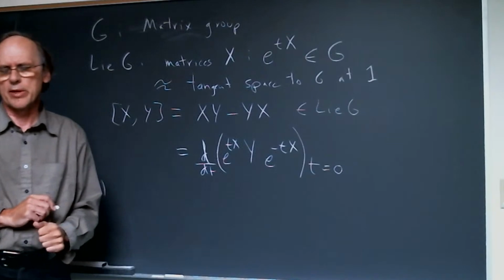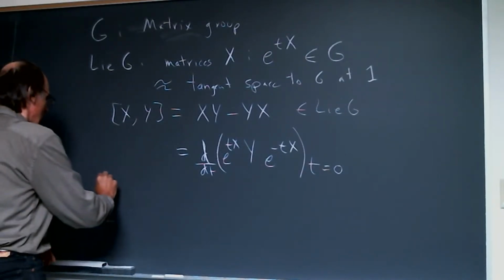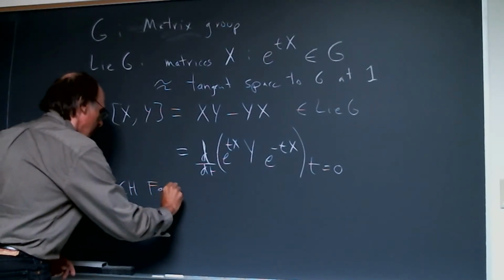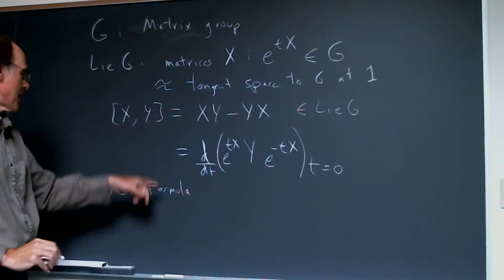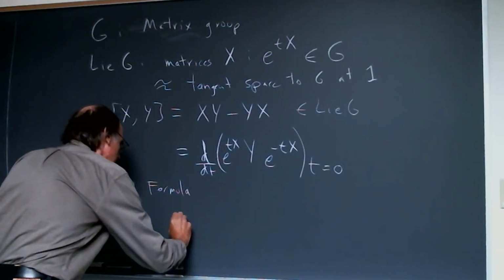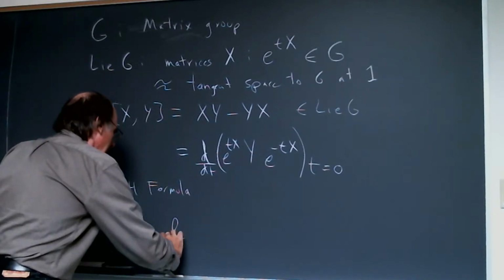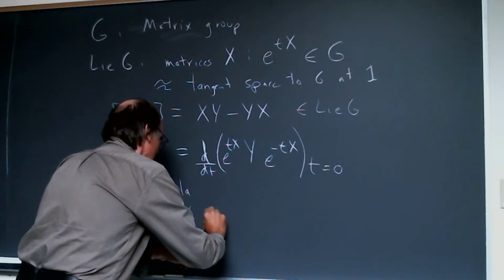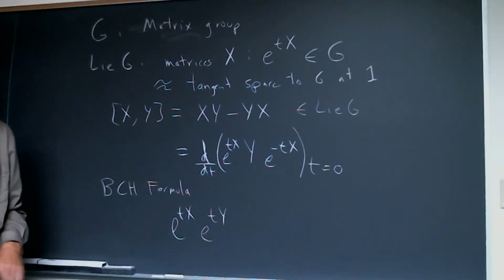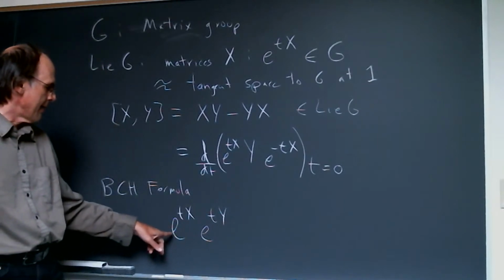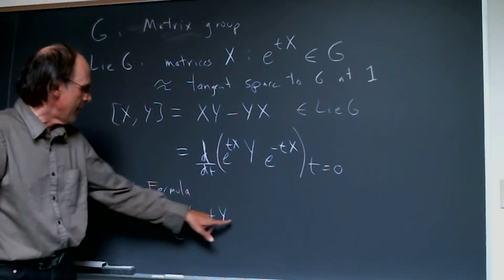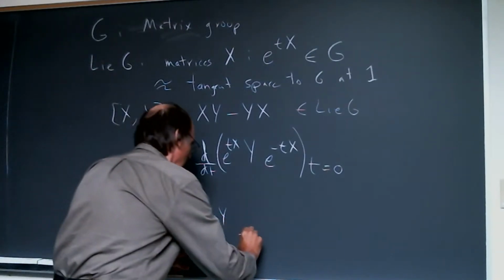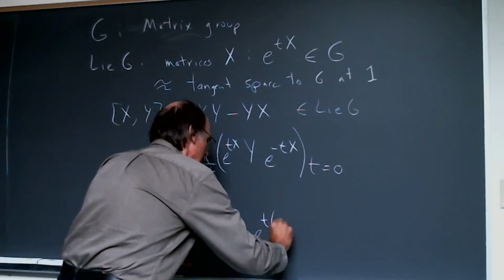We may see this in another context later. It says that if you take e to the tx and multiply it by e to the ty, then if x and y commuted, you could just use the properties of exponentials to get e to the t times x plus y.